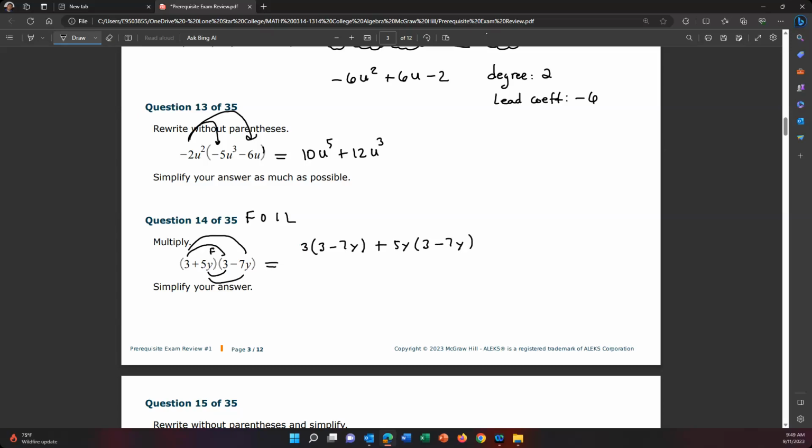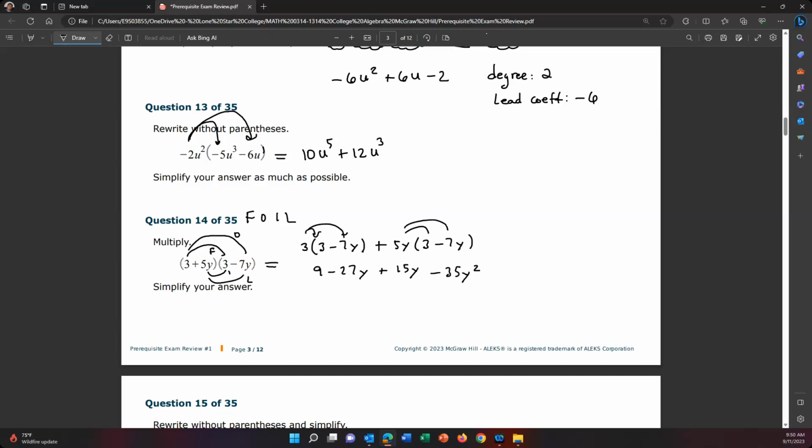Nobody's saying you cannot, but maybe I could try something a little bit different. Here we have 9 minus 27y. Here we have 15y minus 35y squared. Why squared?